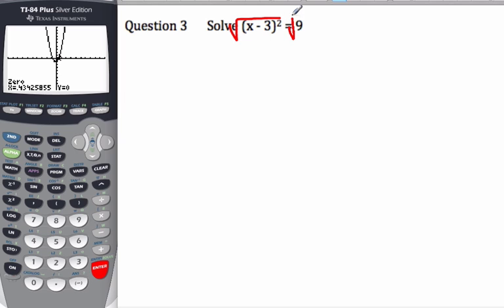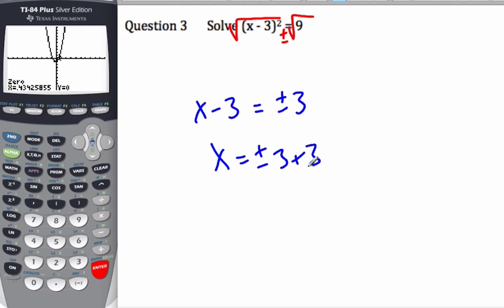Square root both sides. But when I square root, I introduce a plus or minus. So the left-hand side becomes x minus 3, while the right-hand side becomes plus or minus the square root of 9, which is 3. Then for x, I add 3 to get 3 plus or minus 3.